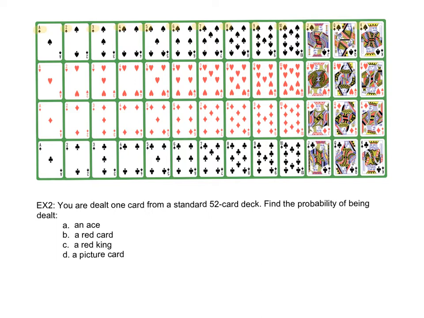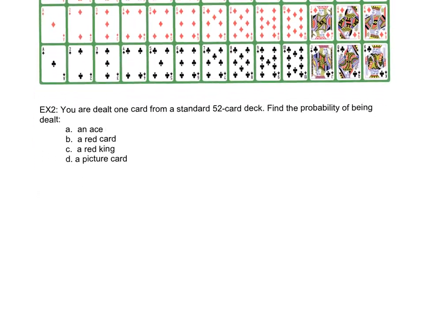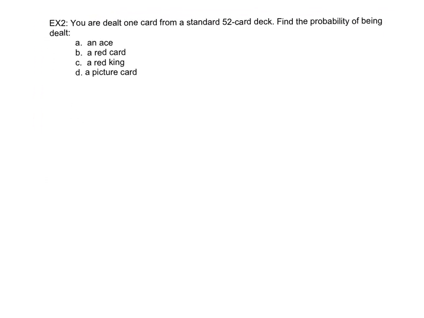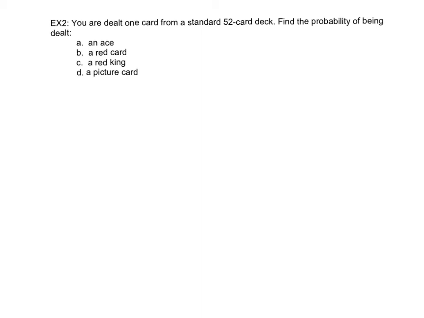In example 2, you're dealt 1 card from a standard 52 card deck. Find the probability of being dealt part A, an ace, part B, a red card, part C, a red king, and D, a picture card. So A, I'm looking at the probability that I'll get an ace, and I'm not going to use any of that notation. I'm going to start out with my fraction.